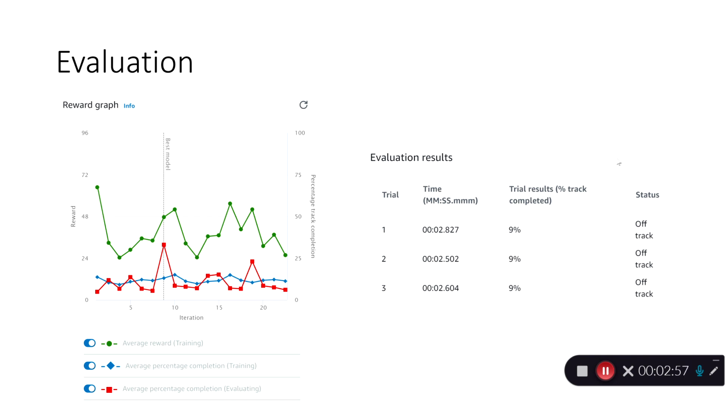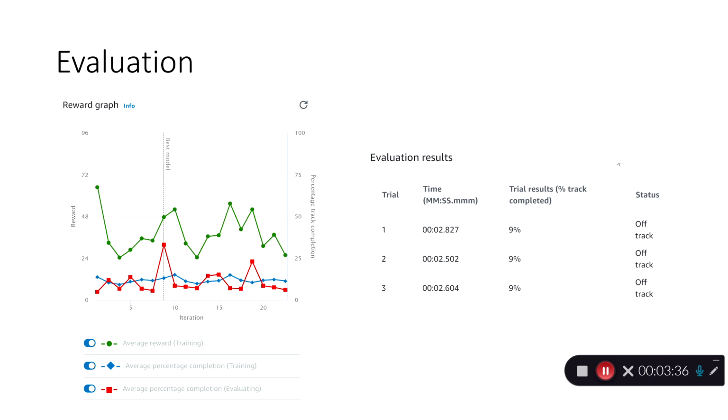So the results don't look very bright, but there are some interesting aspects of the whole training. Here we can see that the reward value is directly proportional to the percentage of the track completed. And this is so because I introduced the progress parameter and the scaling based on progress that exaggerates the reward function based on the progress on the track, which I believe is helpful in this case.